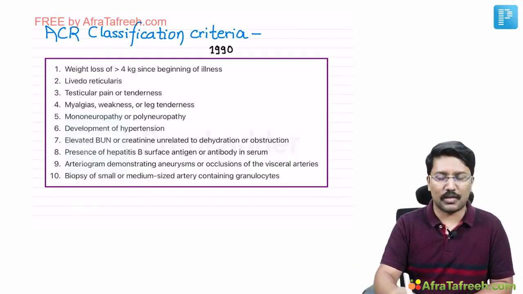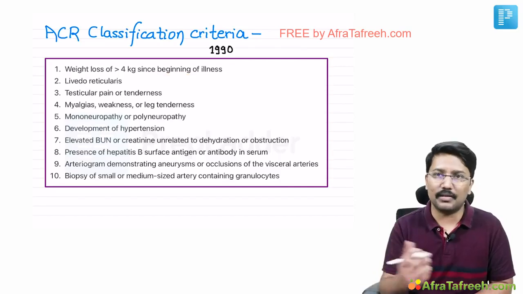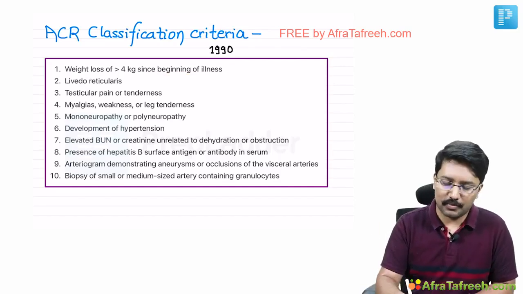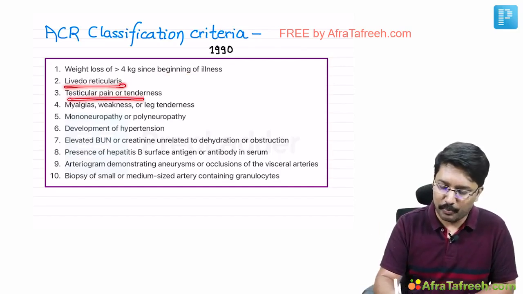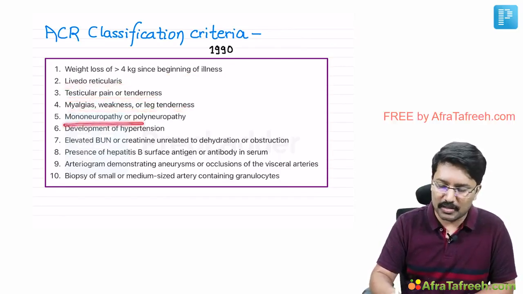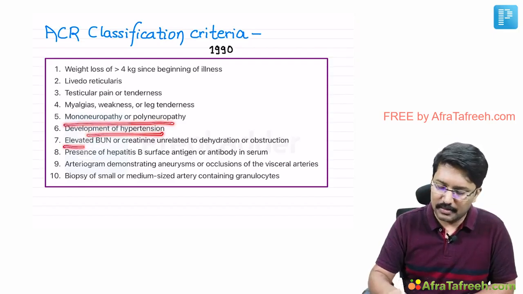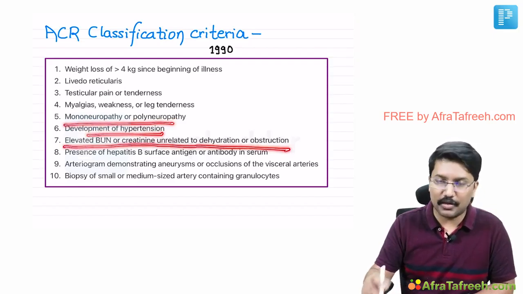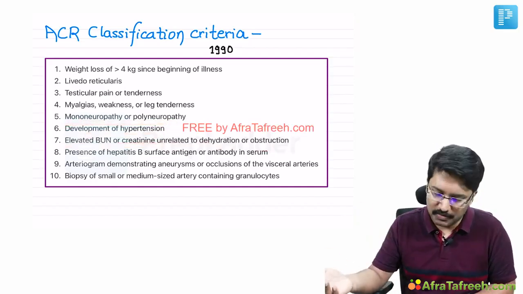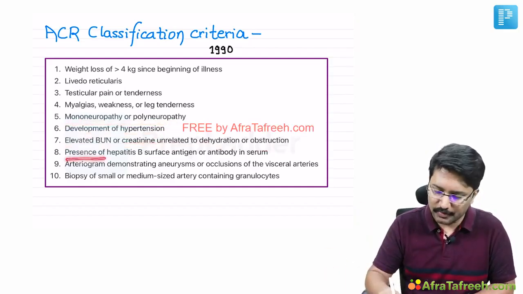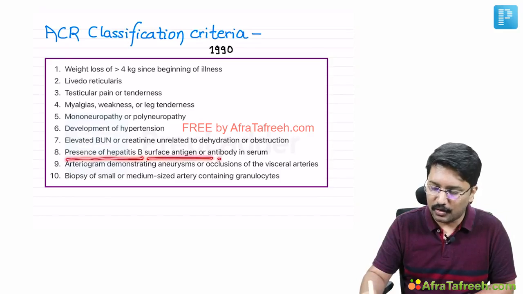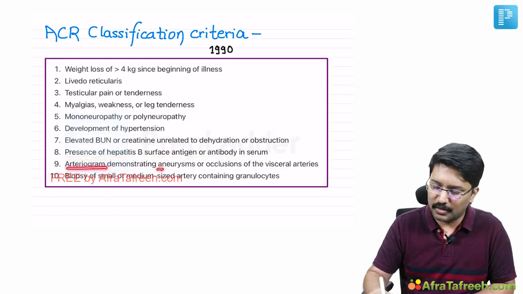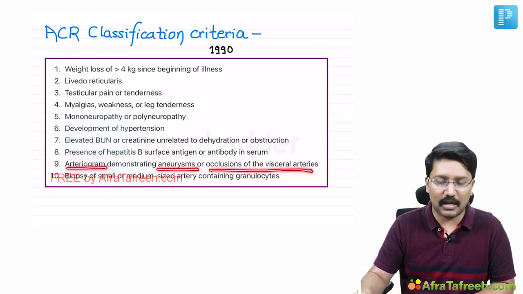Weight loss of more than 4 kg since the beginning of illness is one of the criteria, right? Apart from that, livedo reticularis, testicular pain, myalgias, weakness or limb tenderness, mononeuropathy or polyneuropathy, development of hypertension, elevated BUN or creatinine unrelated to hypertension or renal obstruction, presence of hepatitis B surface antigen or antibody in the serum, then angiogram demonstrating aneurysms or occlusions of the visceral arteries.